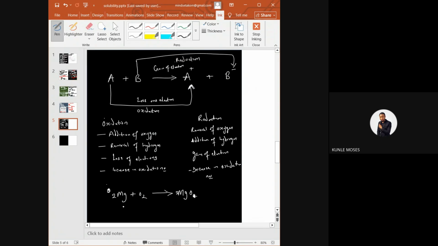Now, if they ask you, you can see magnesium here. Do you see that there's no oxygen here? Are we together? And the magnesium became magnesium oxide here. That means oxygen has been added. So it simply means magnesium is oxidized here.